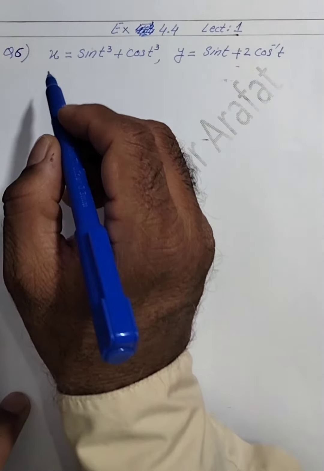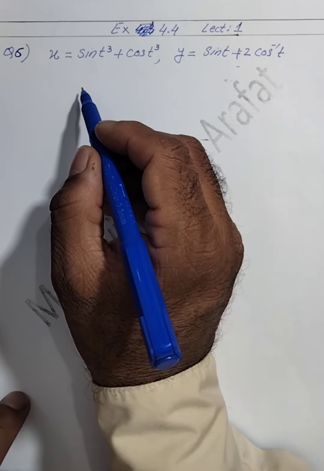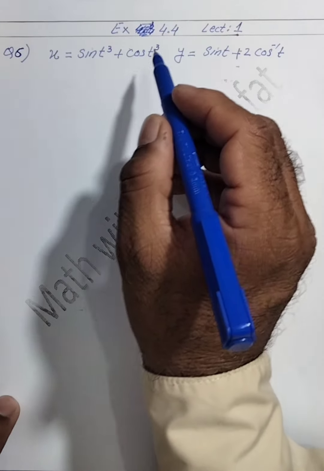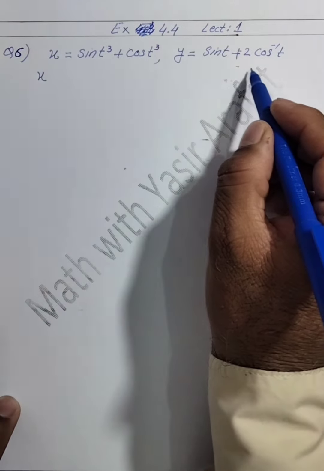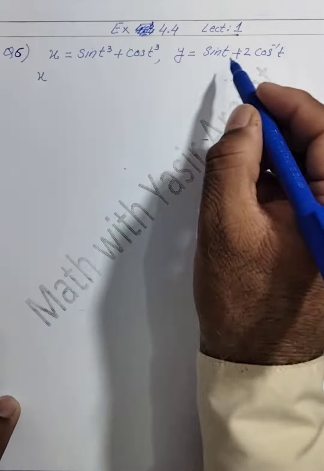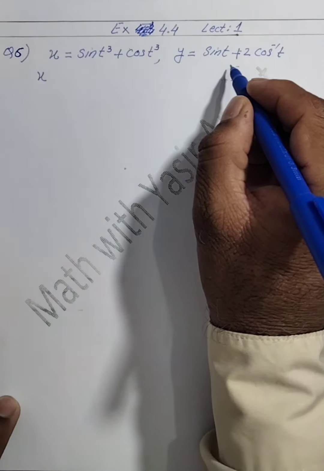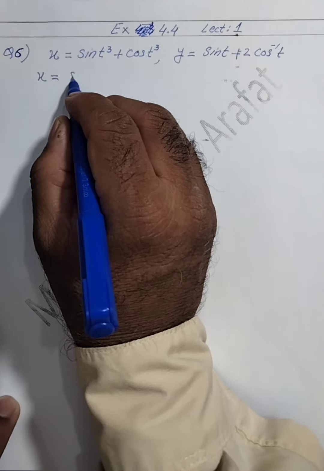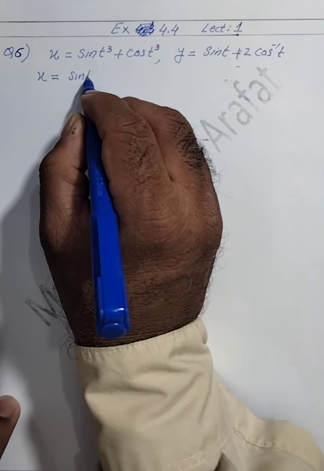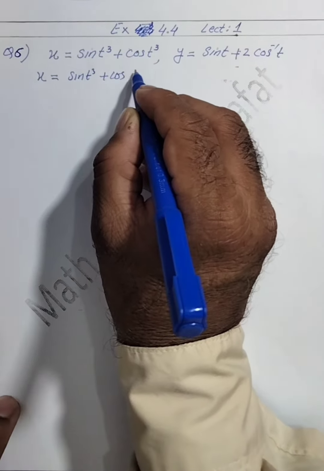Now again we have a third question here of the same exercise. We are going to discuss three important questions of exercise 4.4. So here again the parametric equations are given and we have to find dy upon dx. So x is equal to sine t cube. This is cube, it is on the angle here.